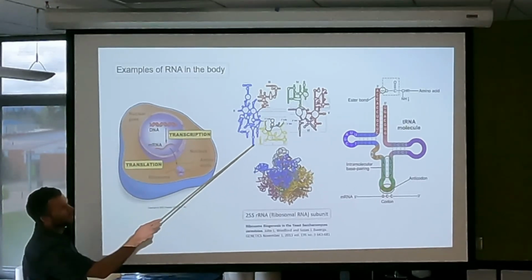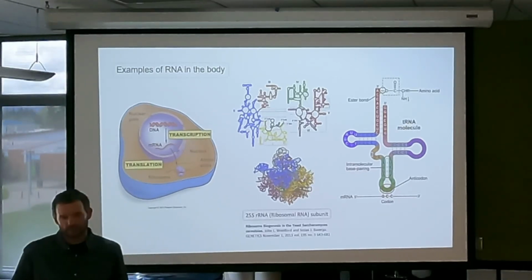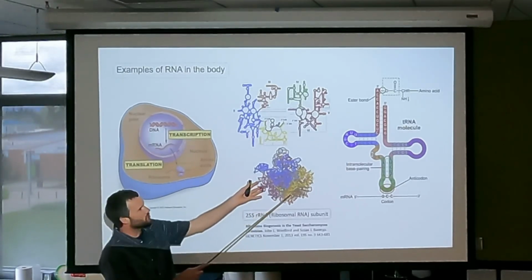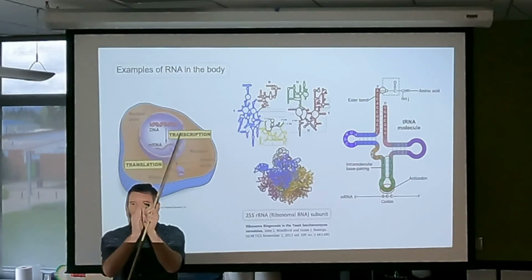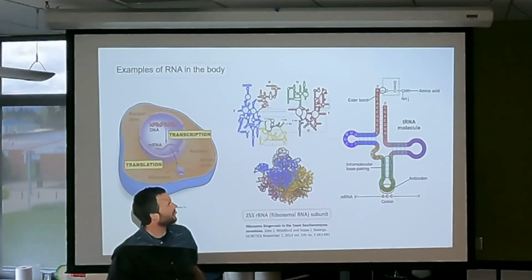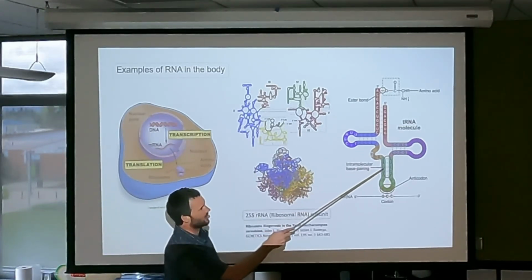Now, is this RNA molecule single-stranded or double-stranded? It's actually single-stranded, you're right. But it has this three-dimensional shape because this single strand is pairing back on itself, it's folding back on itself. And how is it able to do that? This is a better example of that.